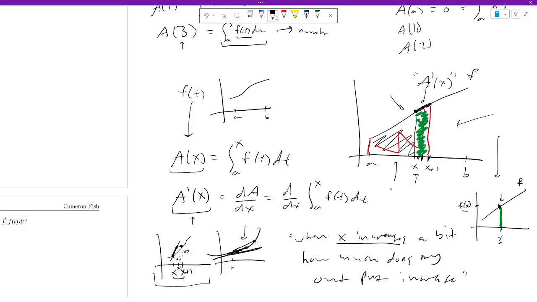So all of that is to say that when I take the derivative of this big capital A, what I'm going to get out of it is exactly f of little x. So the point of this accumulation function is that it's a function whose derivative ends up being my little f that I started with.